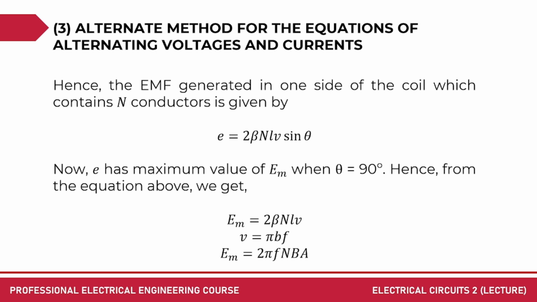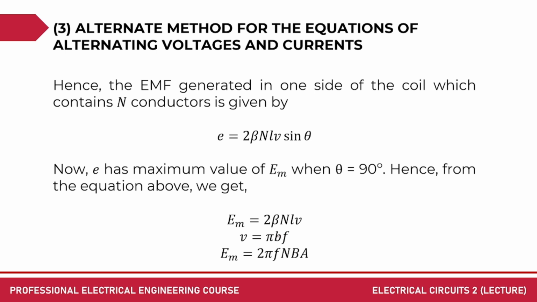If you remember in your electromagnetics, you have your BLV there, so it is correlated here. Now, e has a maximum value of E sub m when theta is 90, so E sub m is 2 beta N L v.